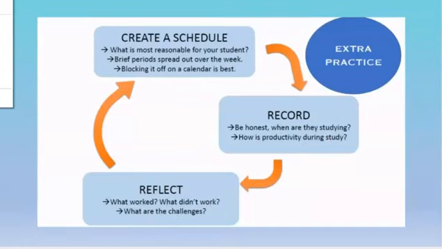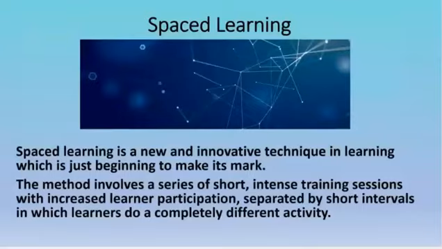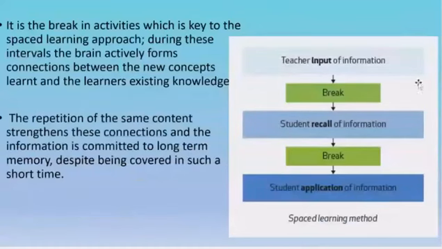They've given us actual detail, so you will get all this information on the website if you want to. And schedule opportunities like playing games through different contests, links between ideas, conversations. Like Ma'am Aisha suggested that there should be conversation. Yes, that's great.